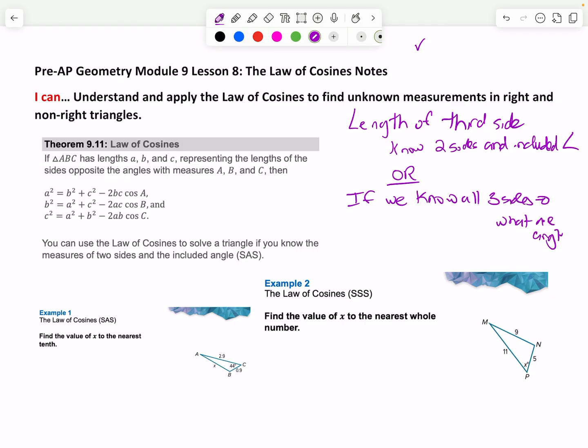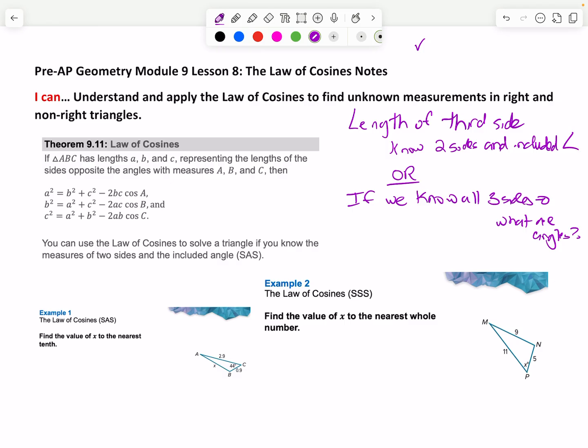That's a little different. We can't really do that with the law of sines. We can do that with the law of cosines. So if we know all three sides, we can use the law of cosines to find the missing angle.